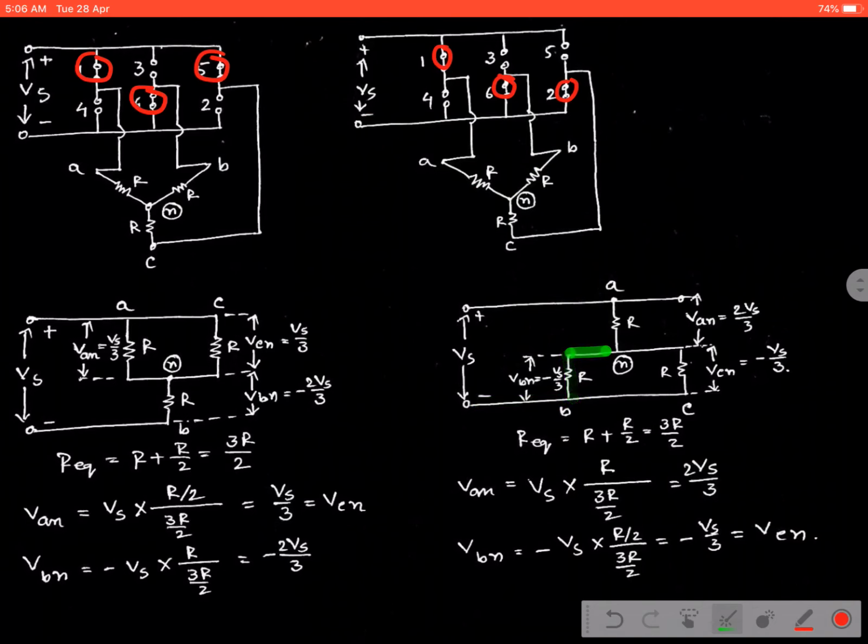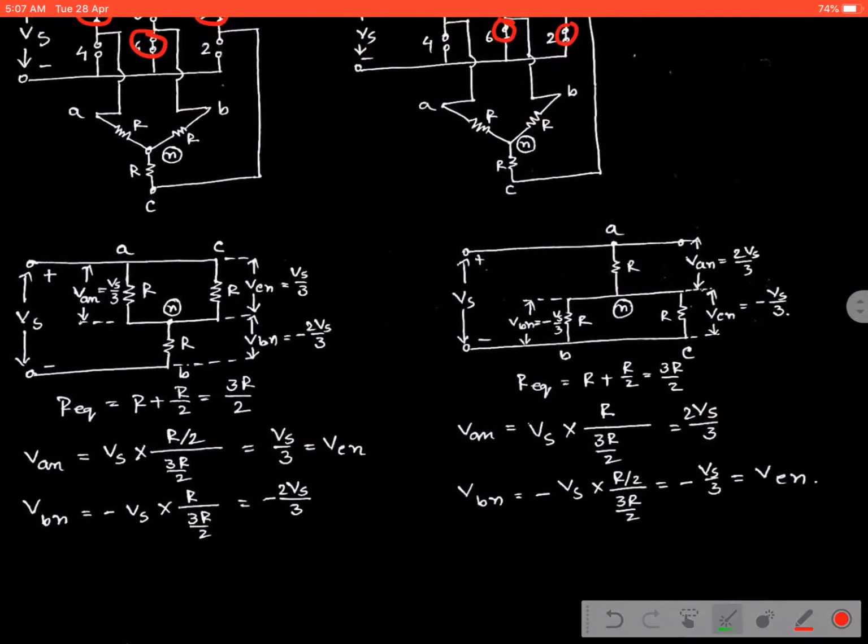Similarly, in the case of switch 2, point C is connected again to the negative terminal of the supply, and the other part is through the load to neutral. That is why we can say this is the equivalent circuit diagram taken from the above circuits.